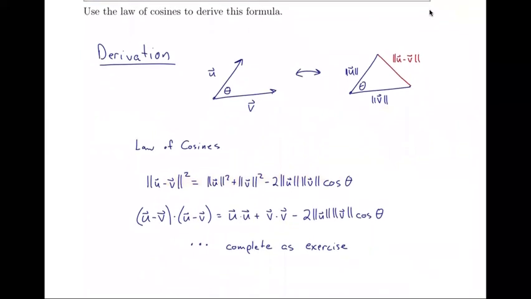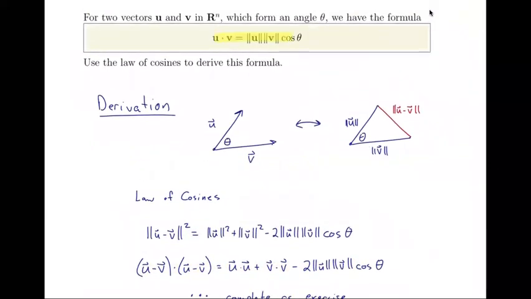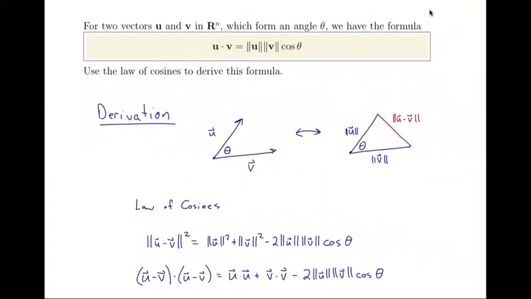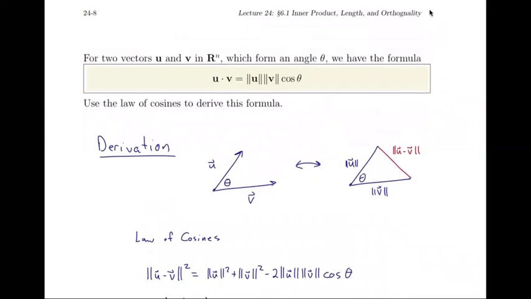Now write down what that means. The rest of this is just mopping up the details. What you should arrive at, once you simplify all this, is this formula here. So it's yet another characterization of the inner product and how to deal with problems that might ask us to handle the angle between two vectors u and v.